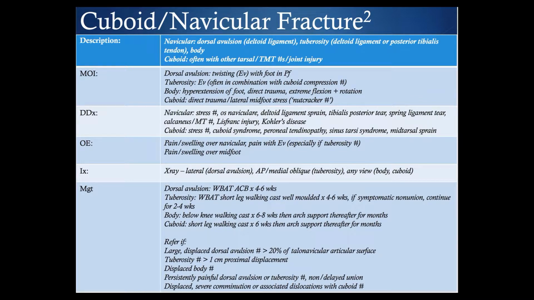Main differential here, looking at things along the lines of navicular stress fractures, not confusing this condition with an accessory ossicle of the navicular or cuboid. Other more substantial midfoot traumatic injuries should certainly be considered in the context of significant trauma.